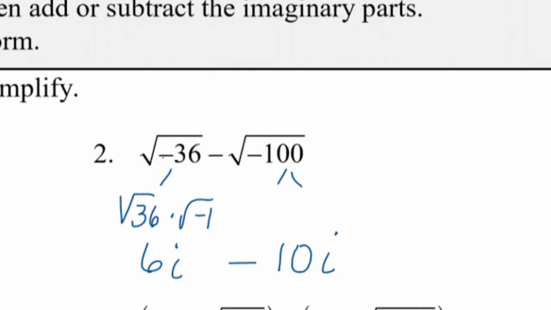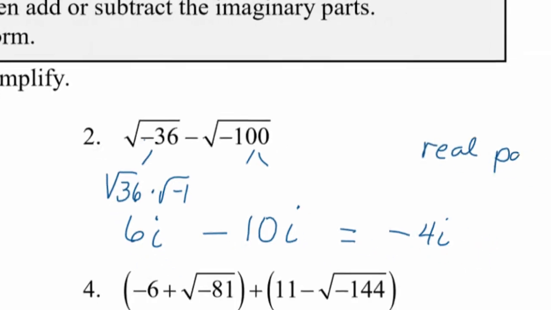And now the good news is that 6i minus 10i, the way that you subtract those is just the way that you might think. It's just like with polynomials, where you keep the i and then subtract 6 minus 10. So this would be -4i. A reminder that in this complex number, -4i, the real part of the complex number is 0.